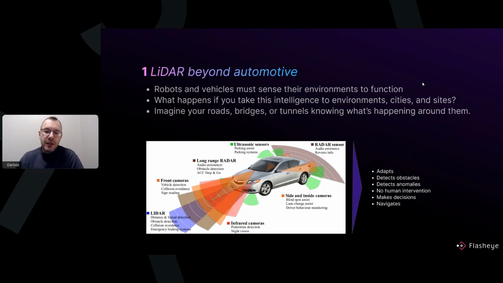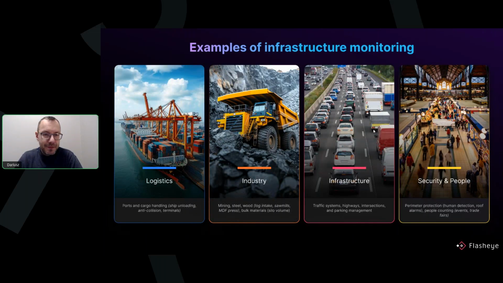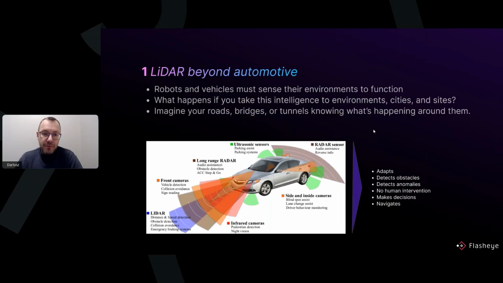That's a great use of this technology, but it is not the only place where such a technology can be used. Right now, all those sensors are also used in robotics in a variety of applications.